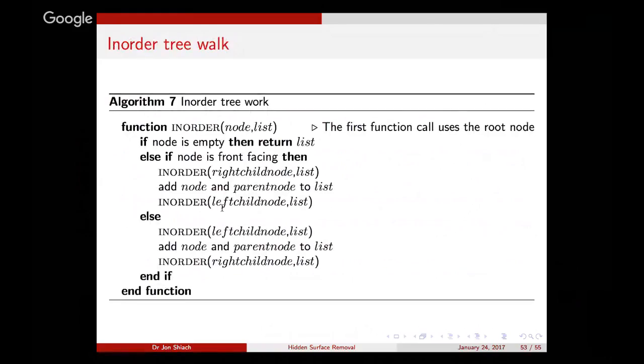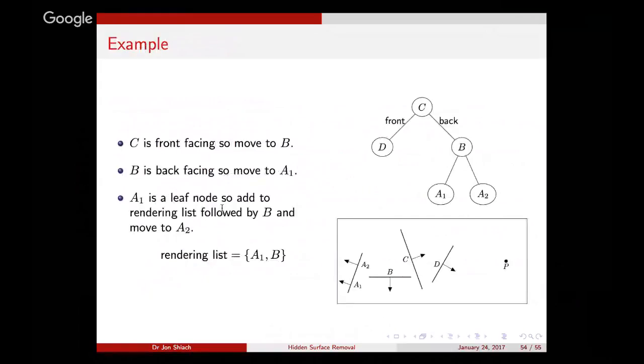We use what we call an in-order tree walk. I'm not going to dwell too much on that. You've got it in your notes, okay? That's a sort of official algorithm for it, but it just looks more complicated than it needs to be. It's a lot easier than that. Here's an example, and I'll work through it.